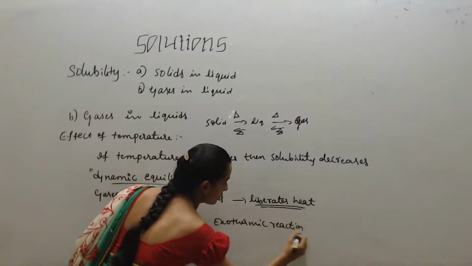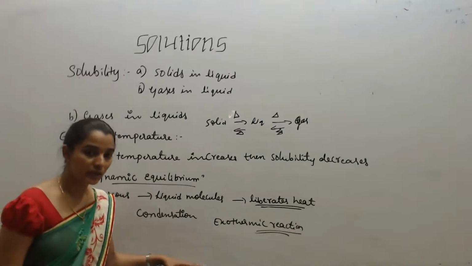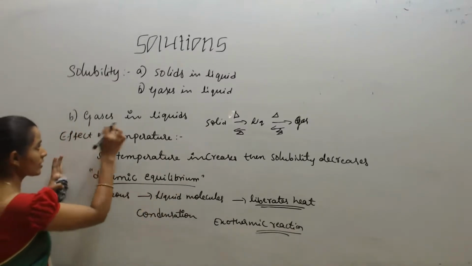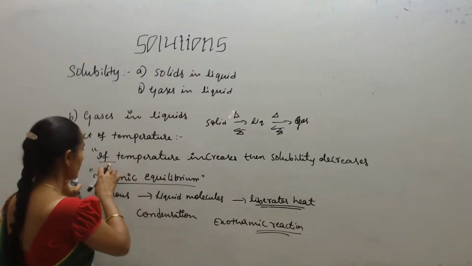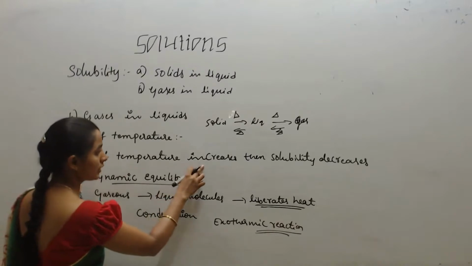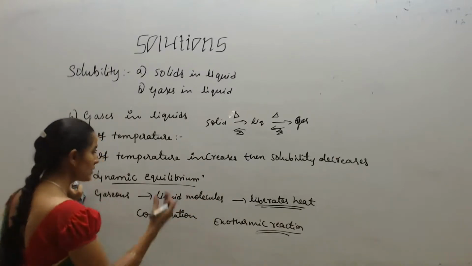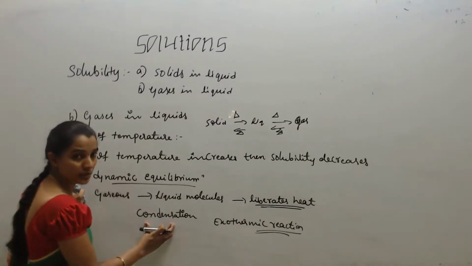So as I told you students, if the reaction is exothermic, then the solubility decreases with increasing temperature. That's why, for gases in liquids, the effect of temperature is that if the temperature increases, then the solubility decreases. The reason is dynamic equilibrium, which shows the condensation reaction.